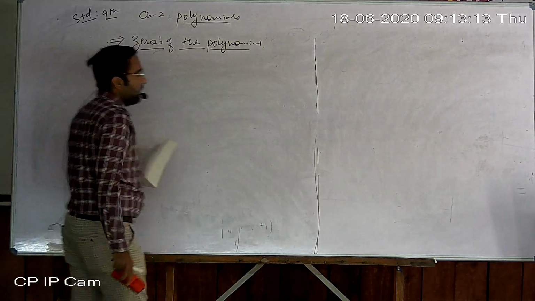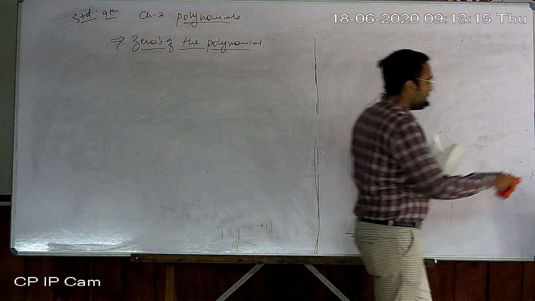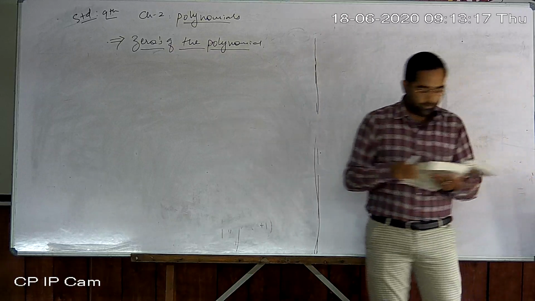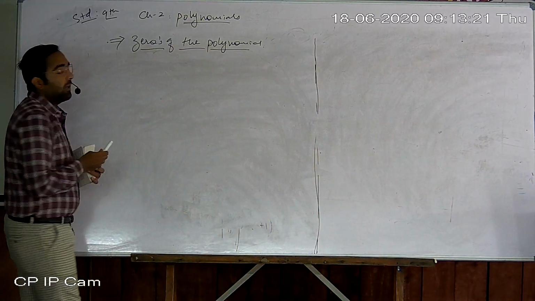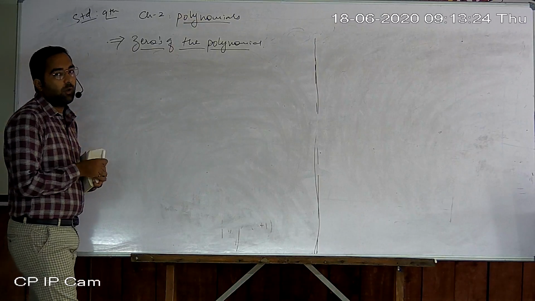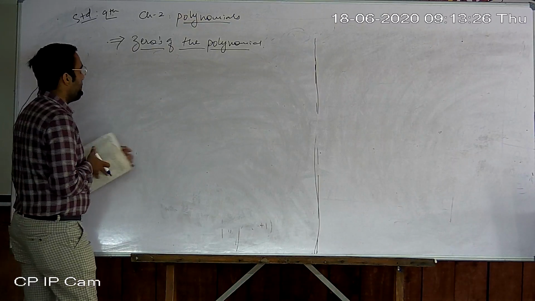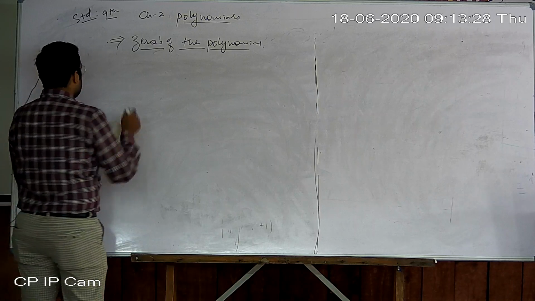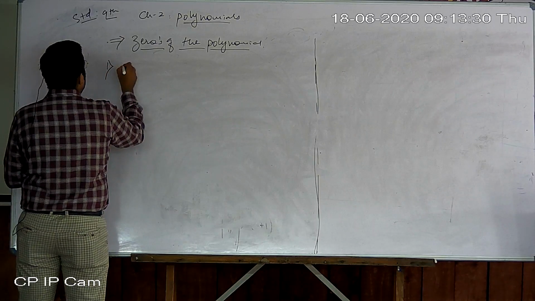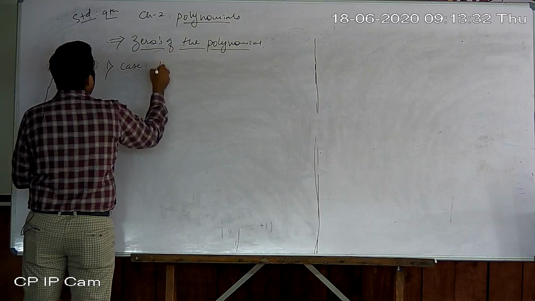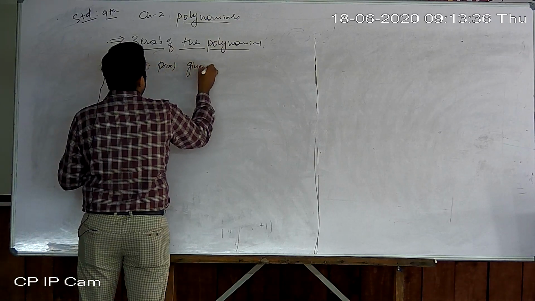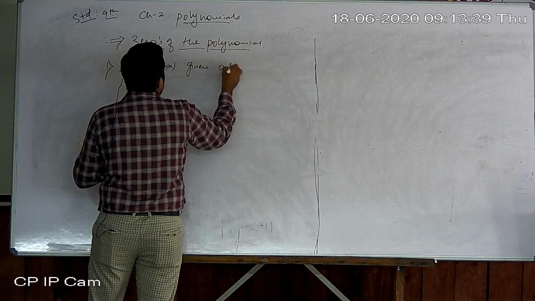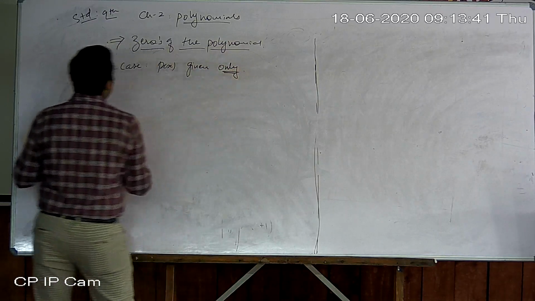Here in your page, you have to see that there are two possibilities of the question to factorize the polynomial. First case, that is only p of x is given.